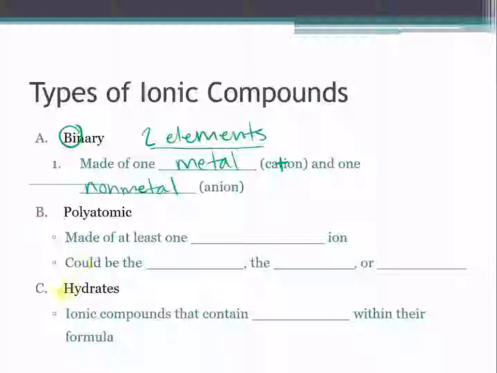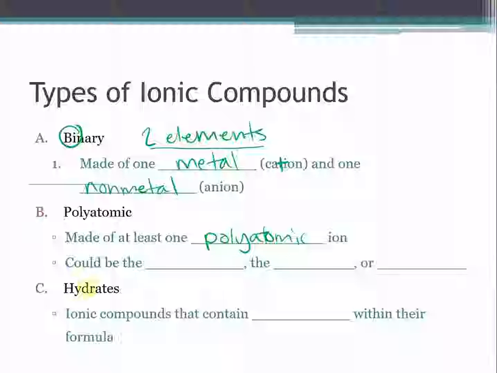A polyatomic ionic compound is made of at least 1 polyatomic ion. So these are the things we've been memorizing since day 1. Your Nick the Camel stuff, it's finally going to come into play. Your polyatomic ions are things like nitrate and phosphate and chlorite and hydrogen carbonate, which is new this 6 weeks.